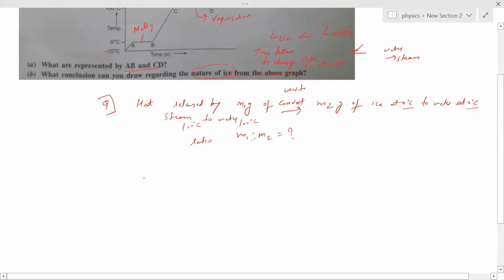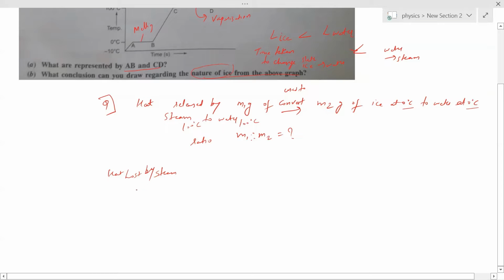First, heat released by steam, first latent heat of steam. Okay, heat lost by steam plus the change of phase, that is heat lost by steam during change of phase.